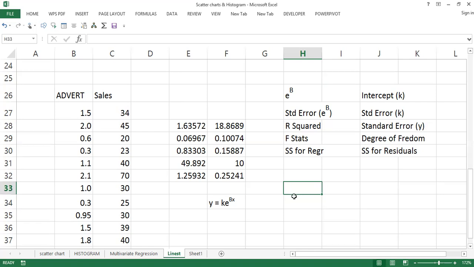Okay, so let's say e to the power of b equals 1.63572.